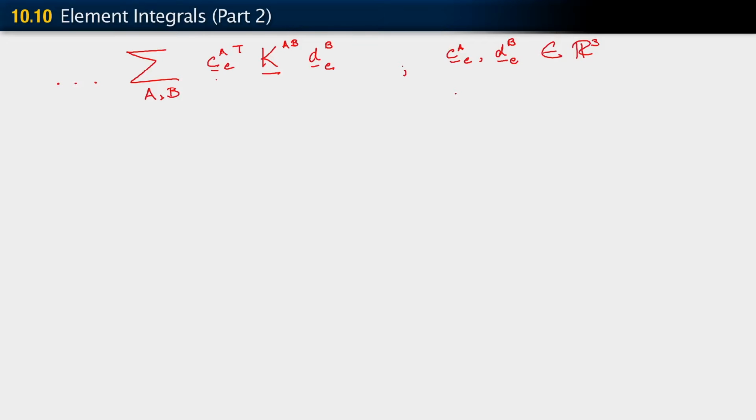Whereas this quantity K A B is a matrix, and it belongs to GL3. It is a general tensor.